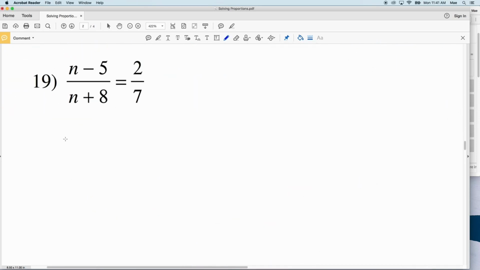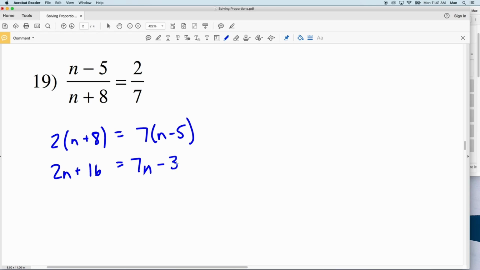In number 19, we'll have 2 times n plus 8, and that's equal to 7 times n minus 5. The next step, distribute the 2, and then distribute the 7. So we'll have 2n plus 16, and that's equal to 7n minus 35. I'm going to subtract 2n from both sides, so this 2n minus 2n will become 0, and I'm going to go ahead and add 35 to both sides in this step as well.